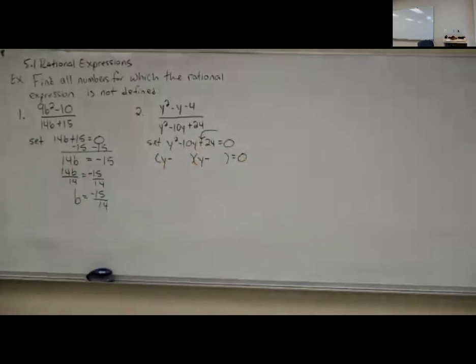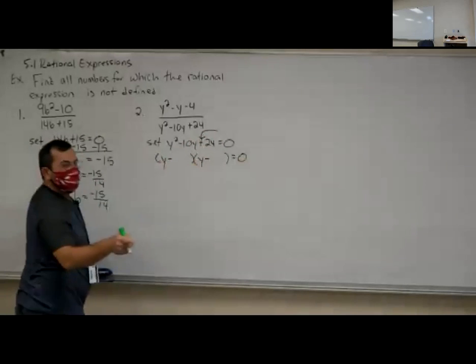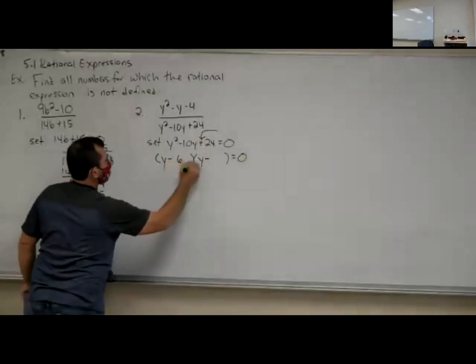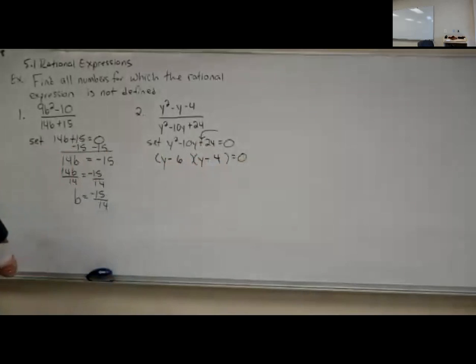So let's see. 3? No, 6. No. 3 and 8 is 11. 2 and 12 is 14. Oh, what about a 6 and 4? Okay, yeah. That's the trickiest part of factoring, coming up with numbers that multiply to get that last number, but add to get the middle.